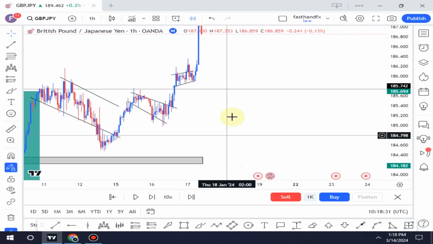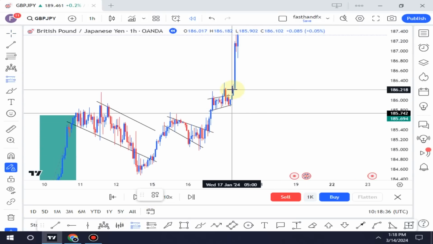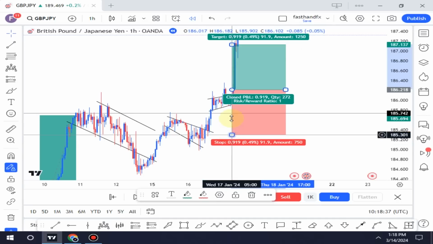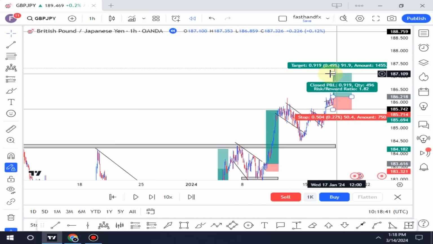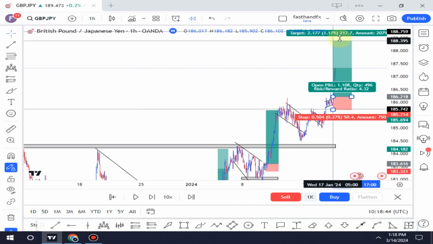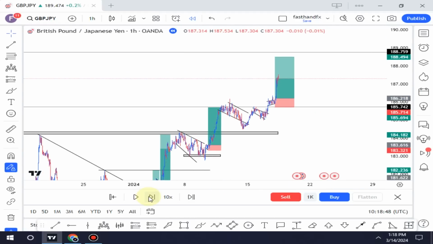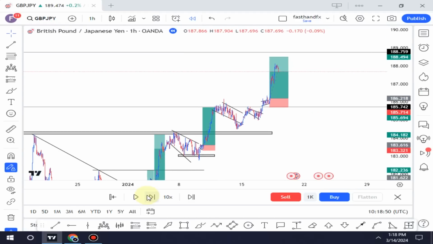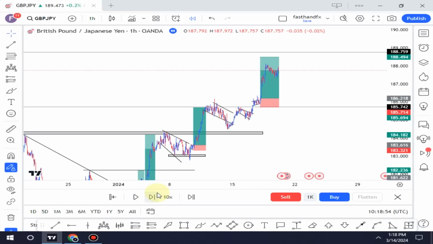Oh, yo, that was fast. I don't know if that was news, but that is a very good continuation pattern. If we miss that, there's no problem. You don't need to get it all the time, and sometimes we miss trades. So let's see. And of course, that's another continuation pattern right there that the market is trying to give us.